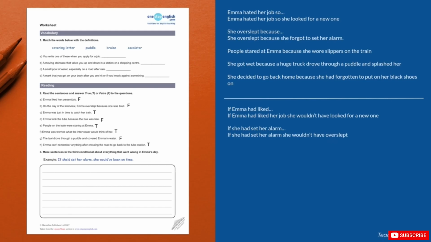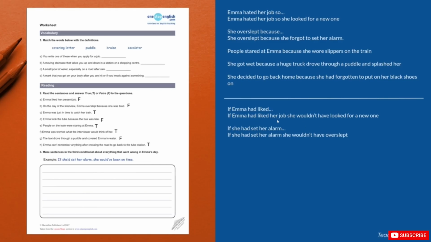Now, at this point, I think this is a good time to actually introduce the name of this structure to the student. Because remember, up to now, we haven't even told them what this is. We're just introducing them to this idea and now letting them practice with it. So right now, I would do something like this.